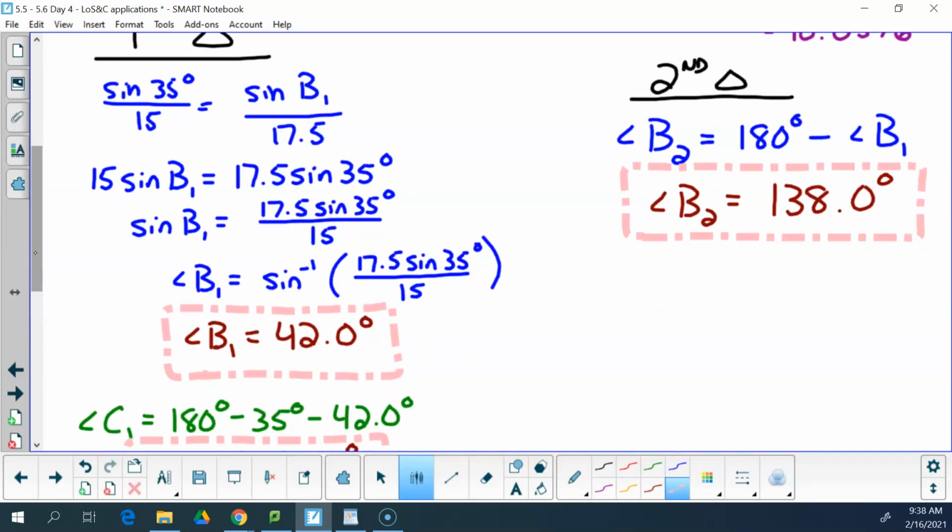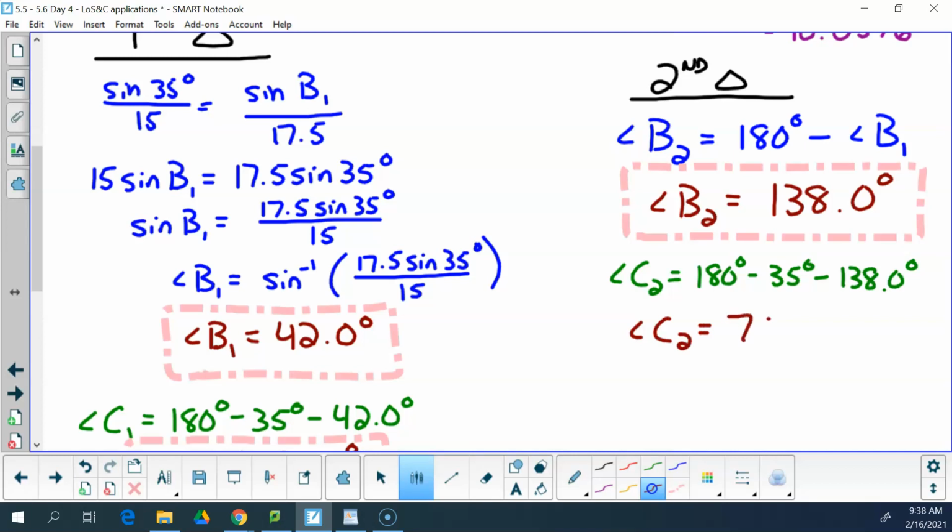Angle C sub 2 is going to be 180 degrees minus 35 degrees minus 138.0 degrees. I get angle C sub 2 is 7 degrees.